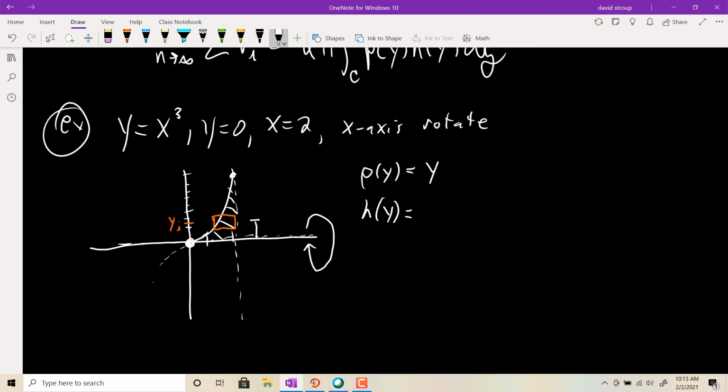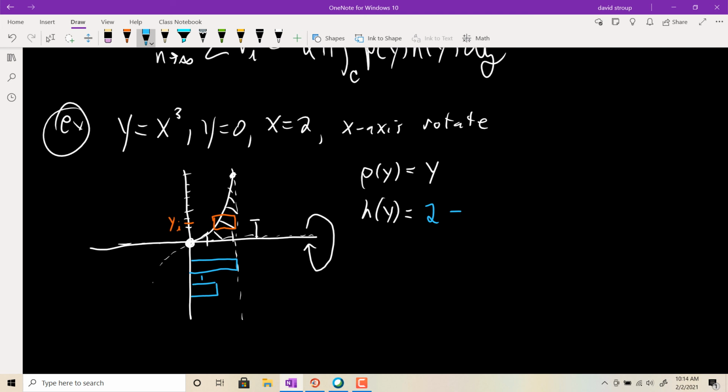It's this distance. Then the height is, in this case, a difference between two things, right? So that red rectangle is formed by taking the difference between this rectangle, which is a constant, it's 2, minus, in the red rectangle's case, this distance.